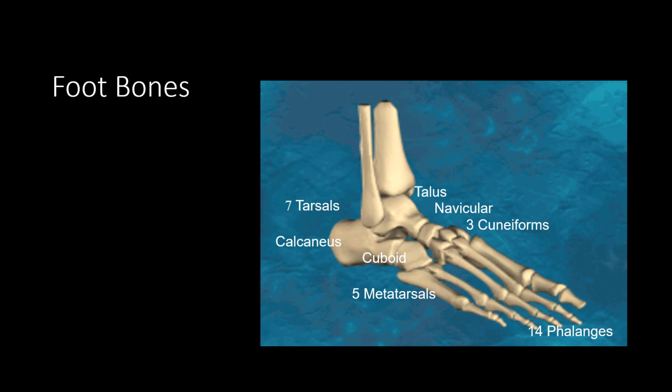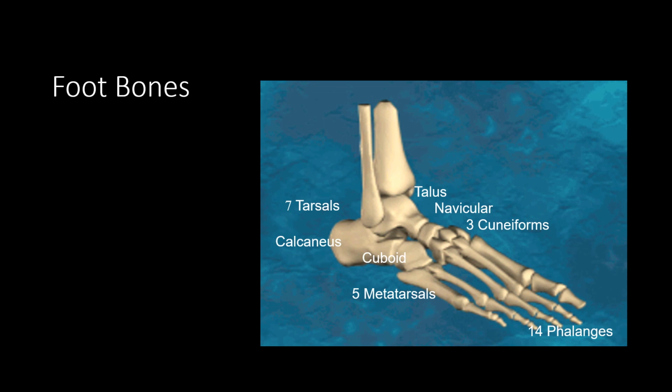In front of the talus, we have a bone called the navicular. Navicular was a name for anything to do with nautical, to do with boats. And apparently, if you take that bone out and have a look at it, it looks like a child's boat. So that's your navicular.